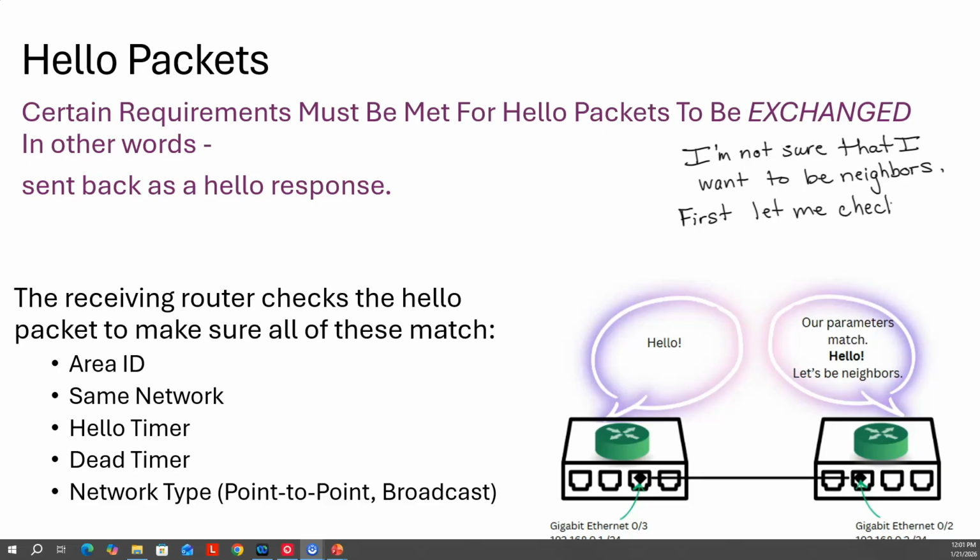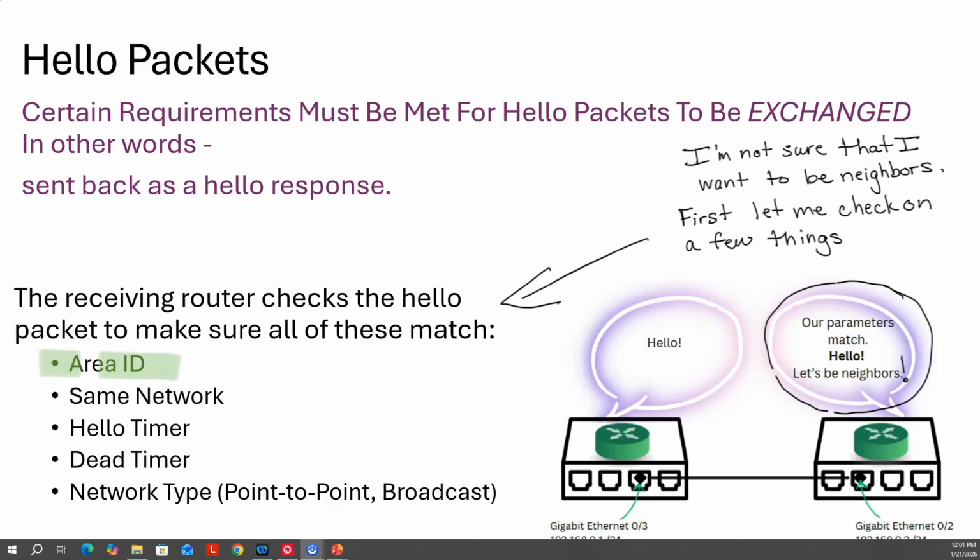These include the area ID, that the routers are on the same network, the hello timer, the dead timer, and the network type such as point-to-point or broadcast. If all of these parameters match, the receiving router sends a hello packet back. That exchange is what allows the routers to recognize each other as potential neighbors.